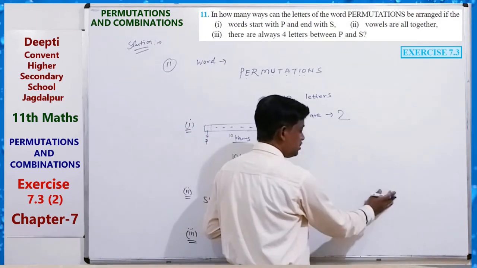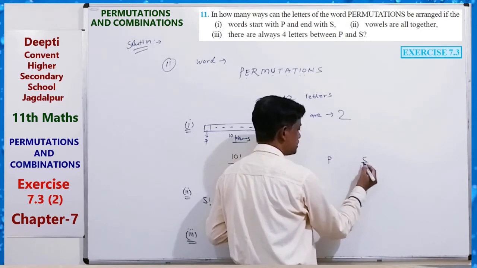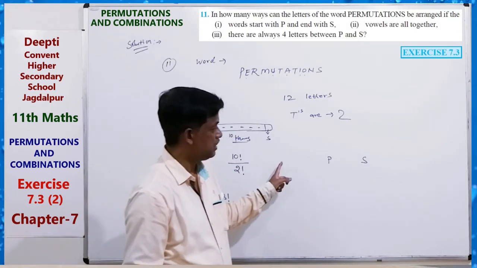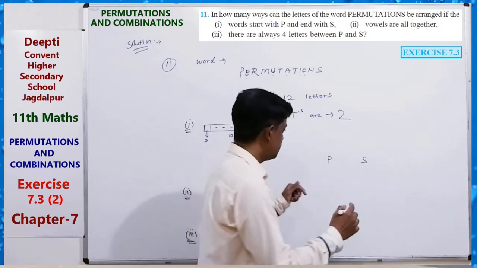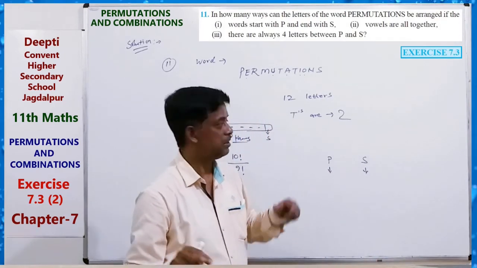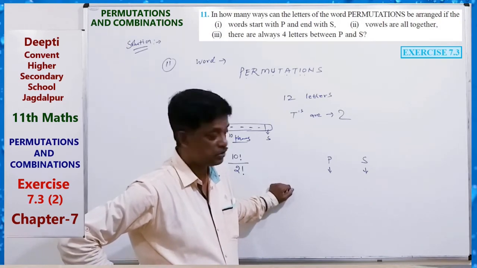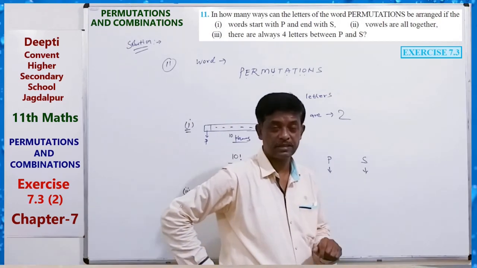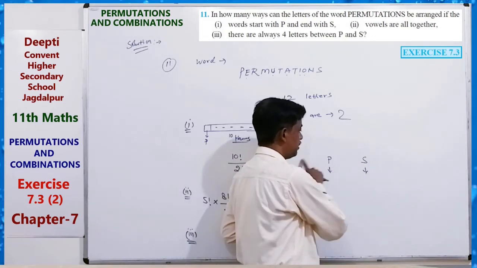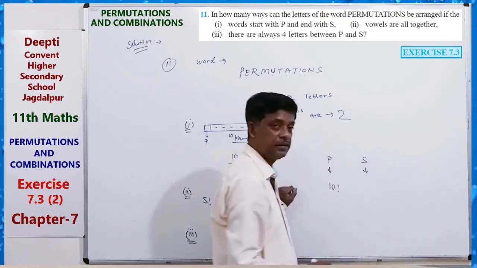P and S are fixed in 2 places, so the remaining letters are 10. Those 10 places can be filled in 10 factorial ways.